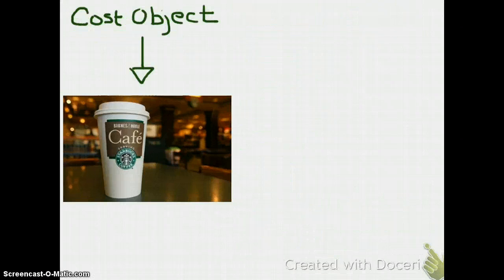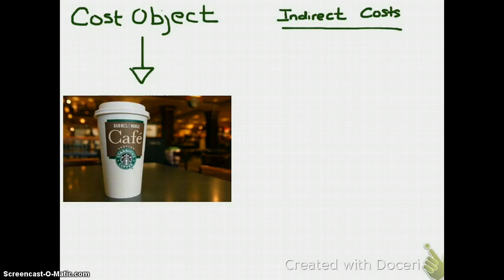Now, for the same cup of coffee, let's look at what could be our indirect costs. Remember, the indirect costs are costs that cannot be traced to that particular cup of coffee. How about the salary of the other employees who work at the store? Those cannot be traced to that particular cup because they didn't work on this particular cup.